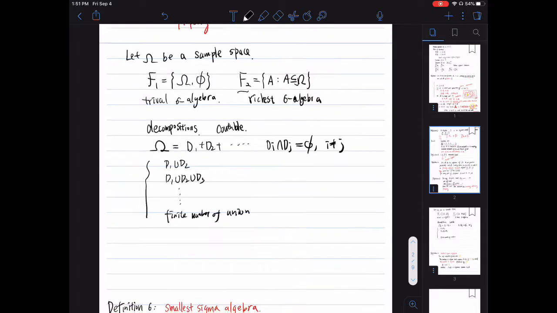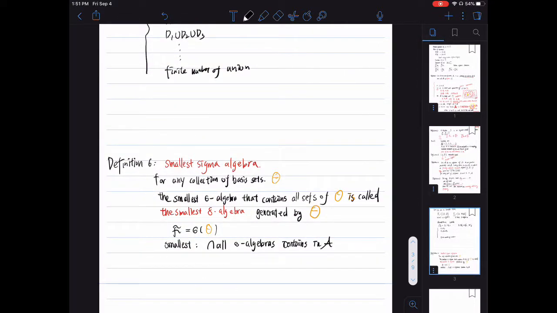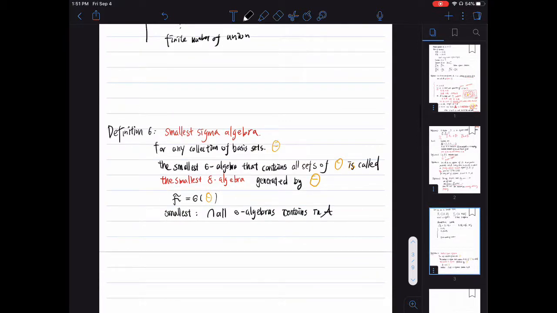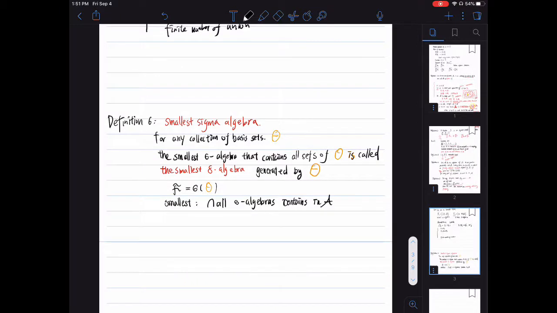Then the natural question will be, is there a minimum sigma algebra? Well, the answer is yes. We have the smallest sigma algebra. So here's the definition of the smallest sigma algebra. For any collection of basis sets, let's call it theta, the smallest sigma algebra that contains all sets of theta is called the smallest sigma algebra generated by theta.